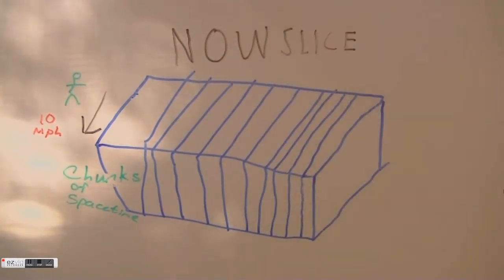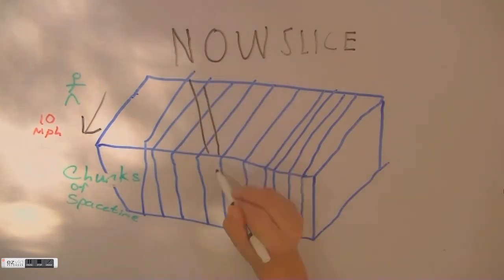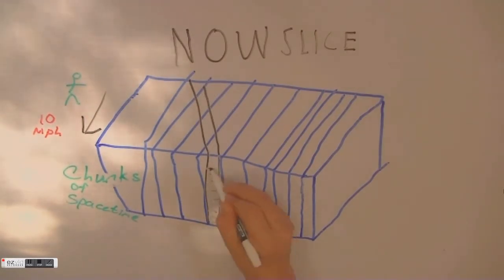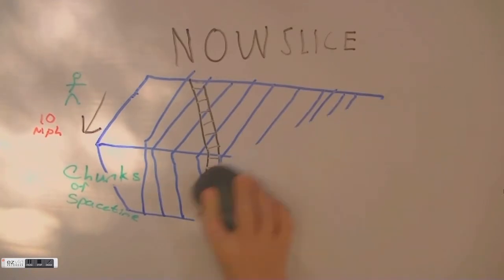Now this is a very important concept in relativity, is the fact that time is relative, and the fact that your now slice, what you think is happening right now, is really angled. However, we do not notice this here on Earth because the distances are so small and our actual speeds are very small. So now that we understood this, let's move on to general relativity.